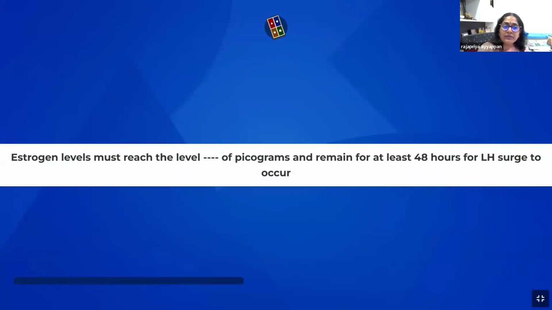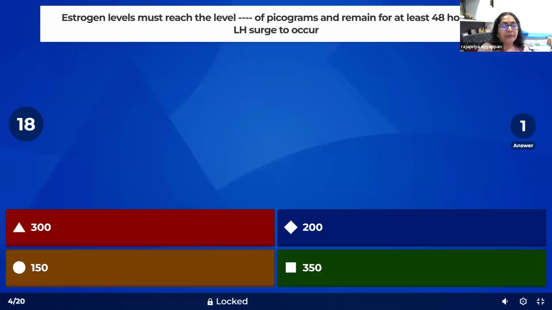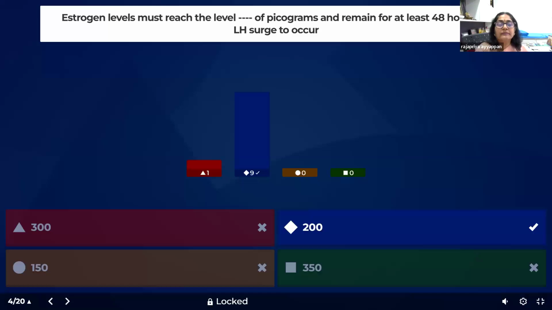Estrogen levels must reach the level of dash picograms and remain for at least 48 hours for the LH surge to happen. The values are 300, 150, 200 and 350 picograms. The answer is 200 picograms.